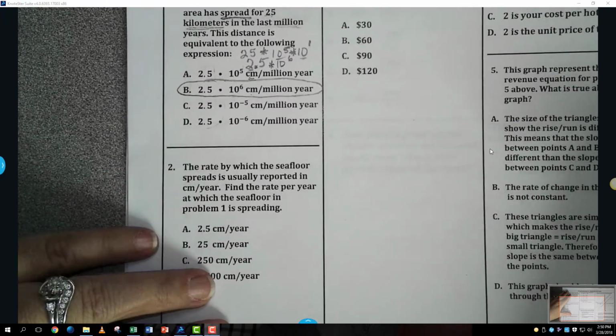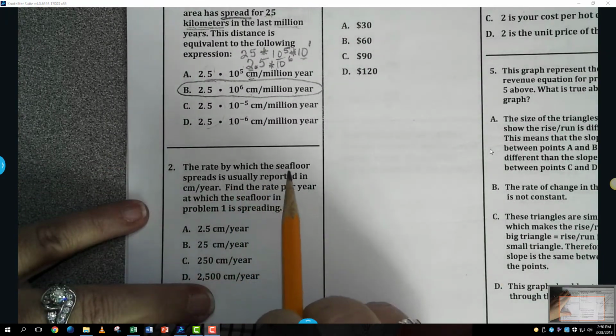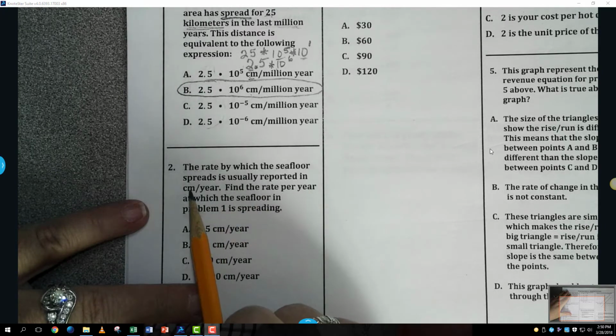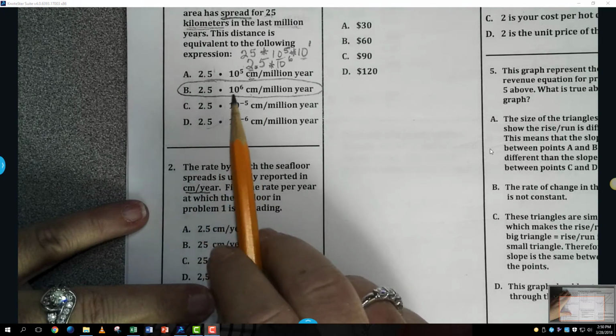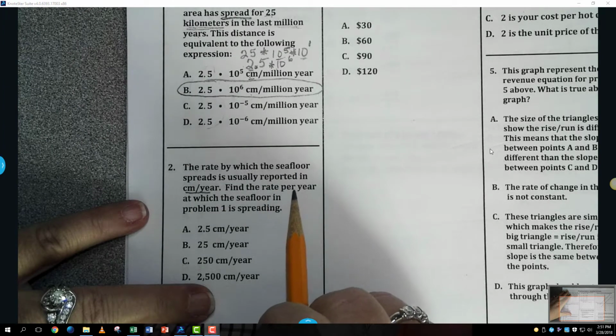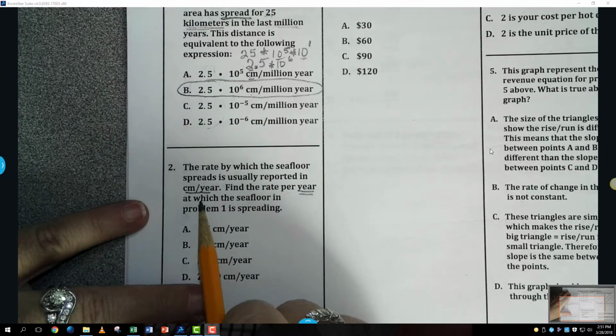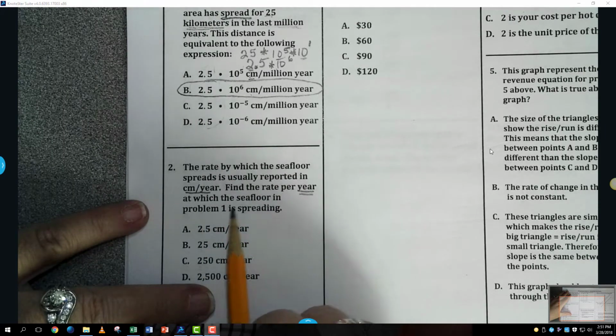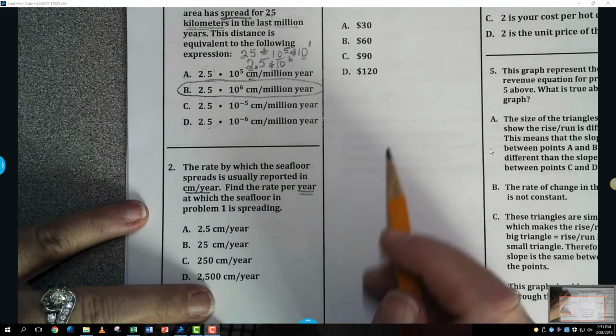The next question says, the rate by which the seafloor spreads is usually in centimeters per year. This is centimeters per million years. Find the rate per year instead of million years at which this seafloor in problem number 1 is spreading.